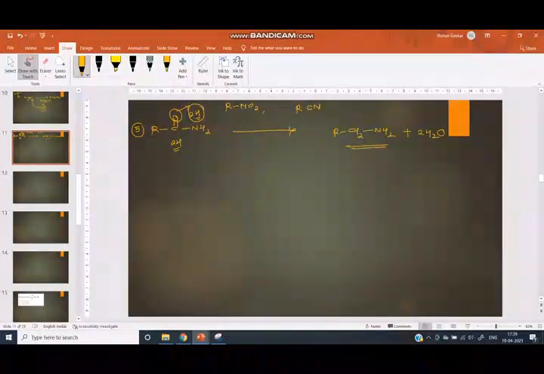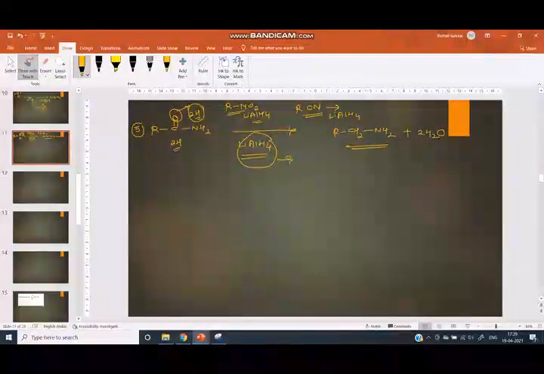Here the reduction of amide takes place with the help of lithium aluminum hydride. Here also we use lithium aluminum hydride and we get amine. Lithium aluminum hydride is a strong reducing agent used for the reduction of functional groups.